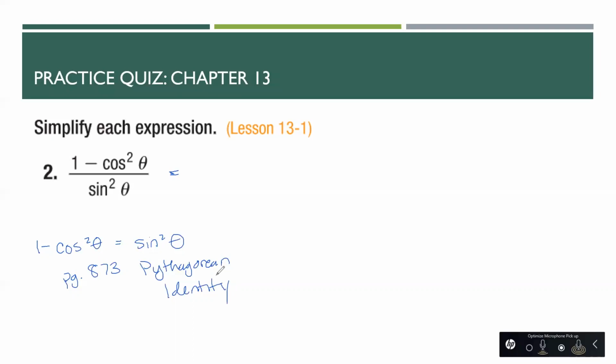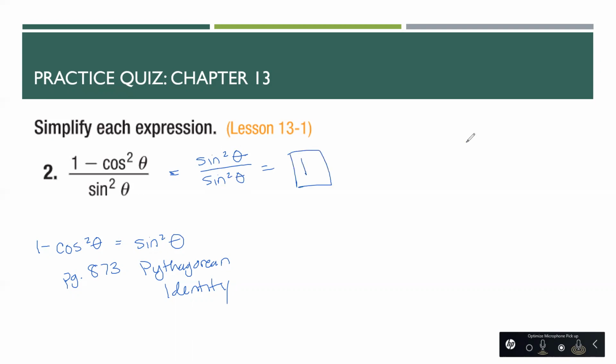Okay, so we're looking for an equivalent expression here, and so 1 minus cosine squared of theta is equal to sine squared of theta. So I would put sine squared of theta, and then my denominator is also sine squared of theta, and so sine squared of theta over sine squared of theta is equal to 1.